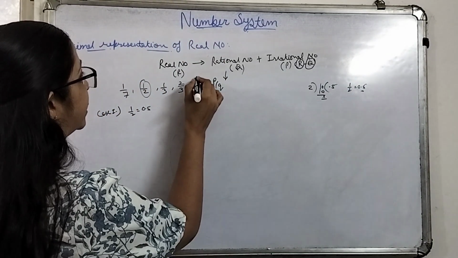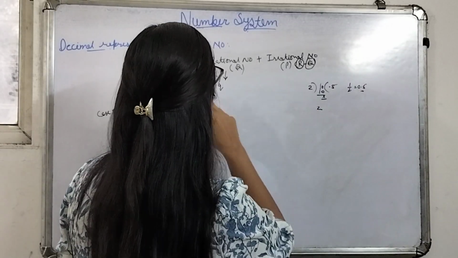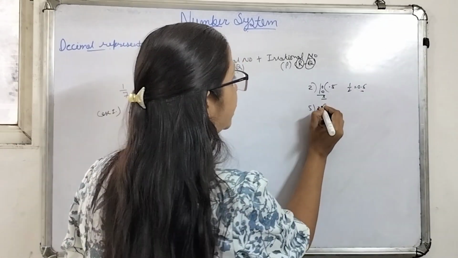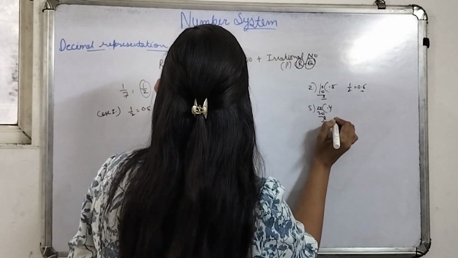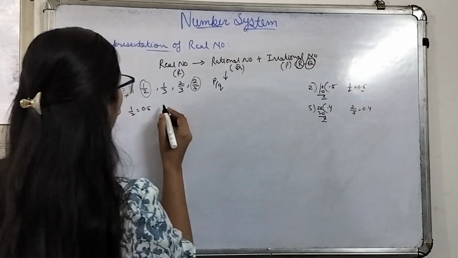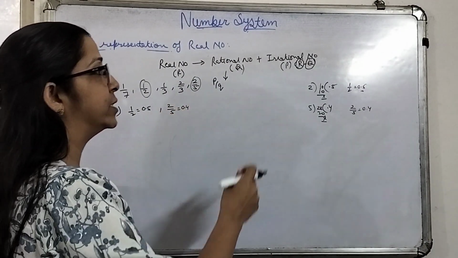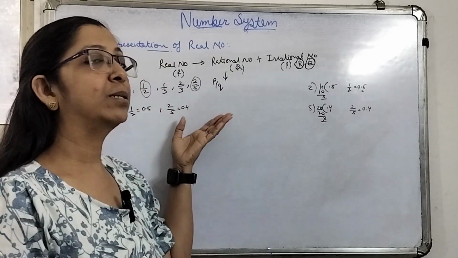Similarly, if I take the example of 2 upon 5, 2 is the dividend and 5 is the divisor, the decimal will come initially, 0 will come here, 5 4s are 20. That simply means 2 upon 5 can be written as 0.4. So all these rational numbers which terminate after certain steps are known as terminating decimal representation.